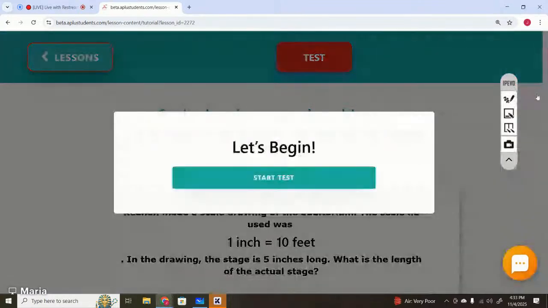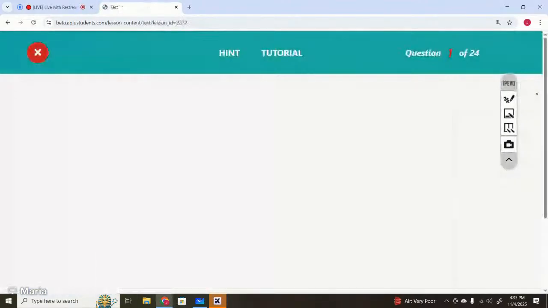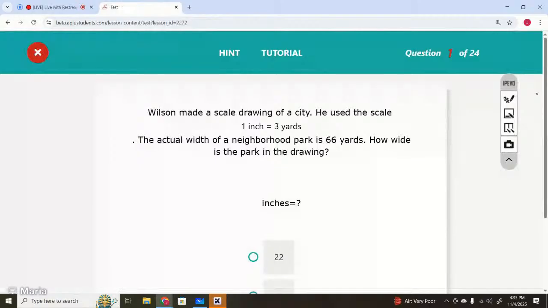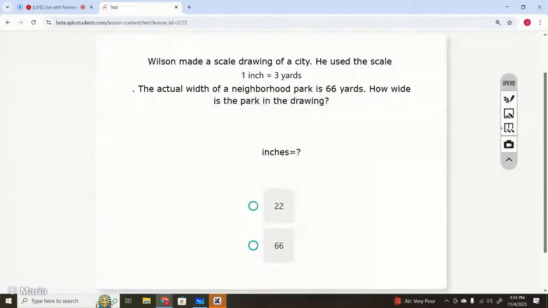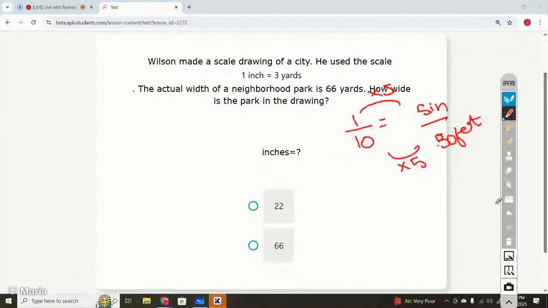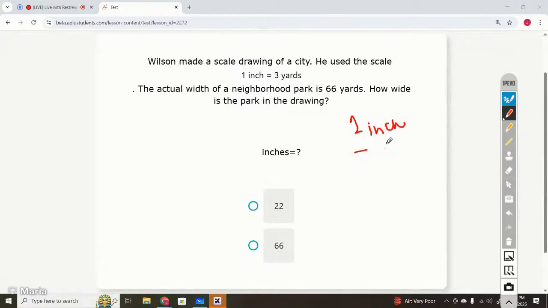Let's just start with the test questions. Wilson made a scale drawing of a city, he used the scale 1 inch to 3 yards, right? Now the actual width of the neighborhood park is 66 yards.